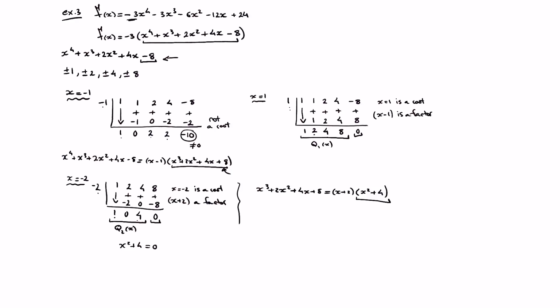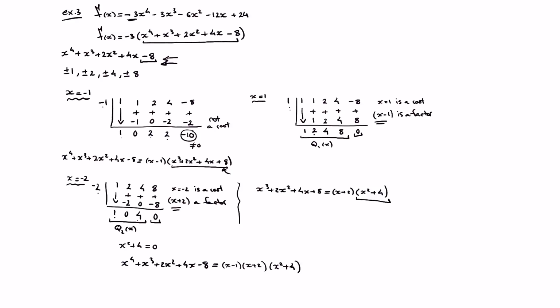We can go back to our original polynomial up here and state that x to the power 4 plus x cubed plus 2x squared plus 4x minus 8 equals the different factors we found, which were x minus 1 and x plus 2, so those are x minus 1 times x plus 2 times x squared plus 4.